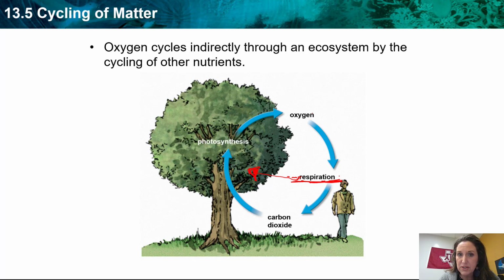Because they also do cellular respiration. That's important to remember. And we breathe out carbon dioxide. They don't breathe out carbon dioxide, but we do. We breathe out carbon dioxide, and that carbon dioxide is used in photosynthesis, which releases oxygen. So this is the easiest cycle there is.